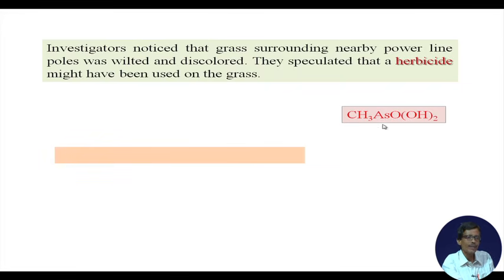This is very interesting, because we all know that nowadays we talk about arsenic contamination or arsenic pollution in groundwater, which we will discuss at some point of time. That is why I have chosen this example, an arsenic based compound, which is nothing but some arsenic acid.